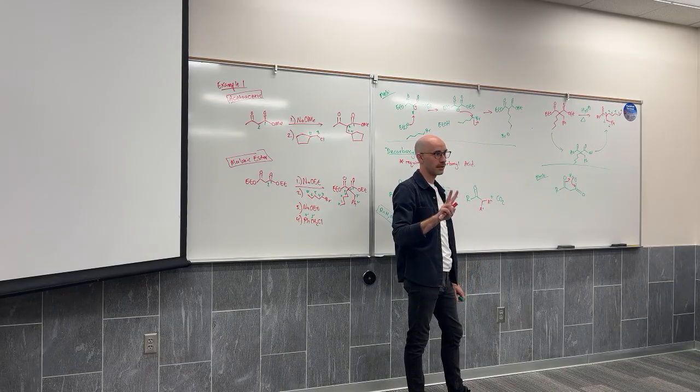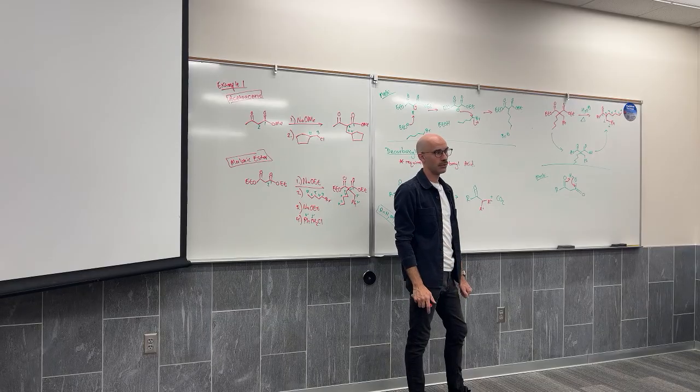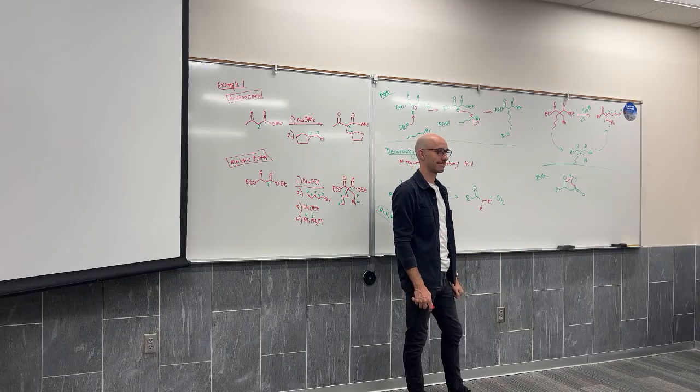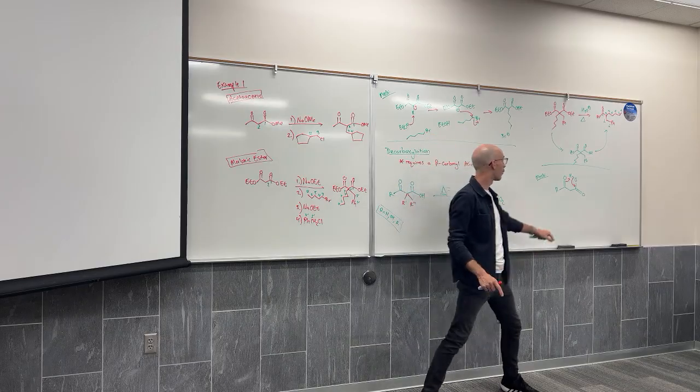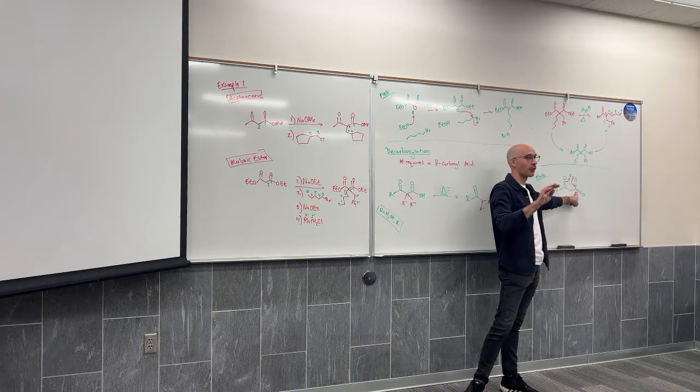There are two things on the board that I think should tell you which way it flows. Towards the alpha. Give me your reason. Well, the main one was that C can't take any more bonds. 100%. This carbon is already at an octet and gaining a new bond. It needs to lose a bond.